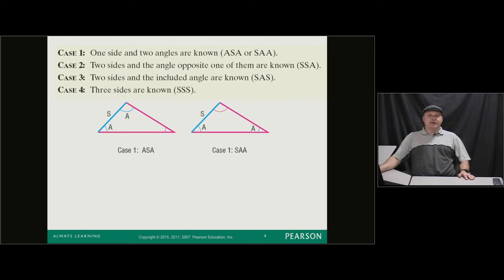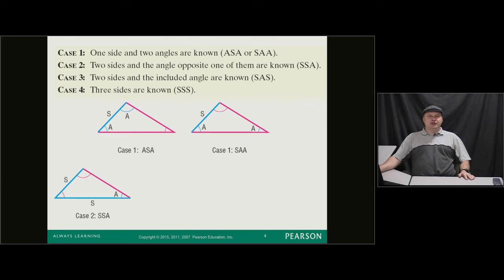So let's look at case 1, angle, side, angle. The parts in blue are the ones that you know: the 2 angles and the side between them. Case 2 is side, angle, angle, so you have a side and the 2 excluded angles beside that one.